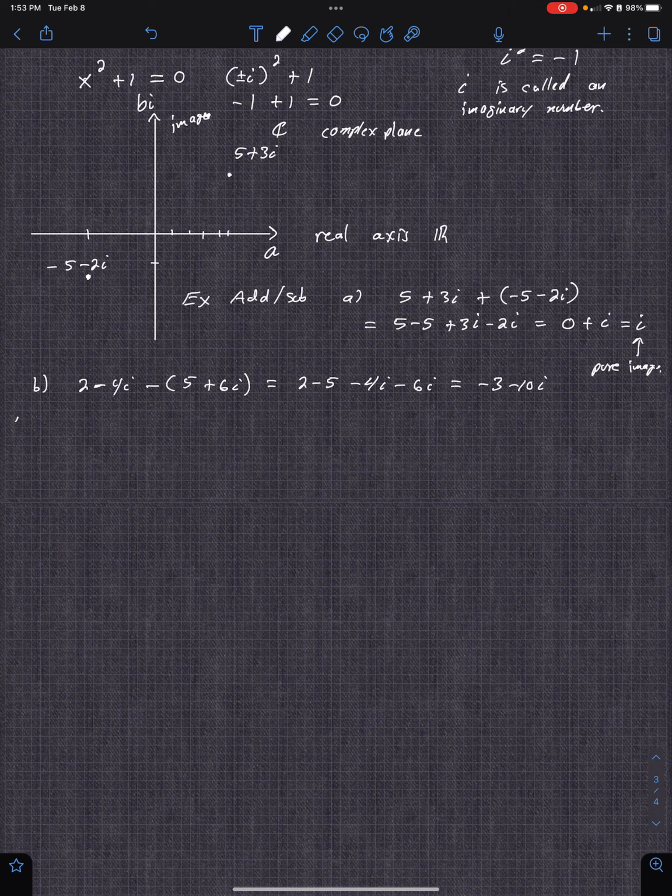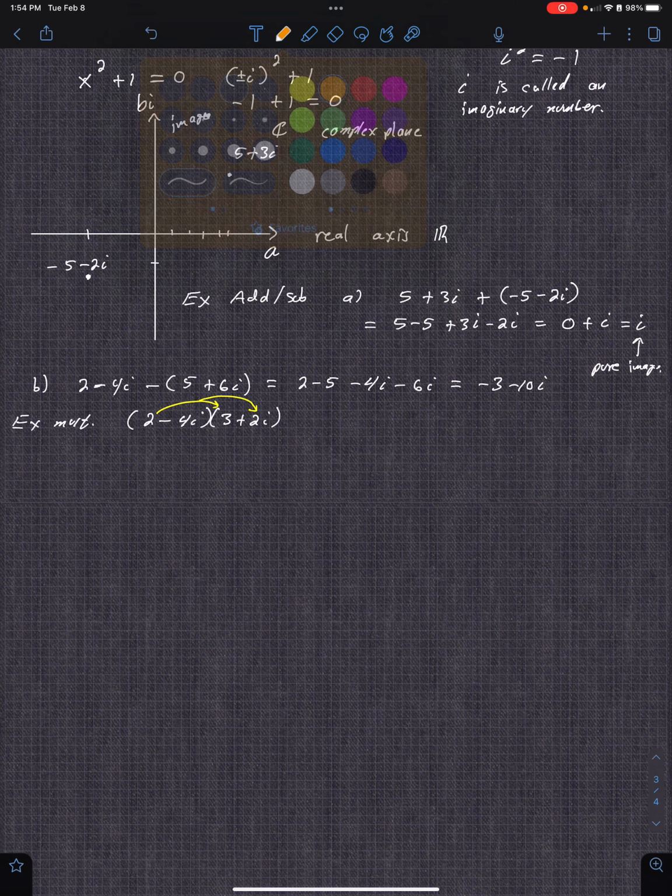Okay, next example is multiplication. So this you multiply just like you would two binomials. You take the first term and distribute to the 3, and then you do it again to the 2, and you multiply the constants.